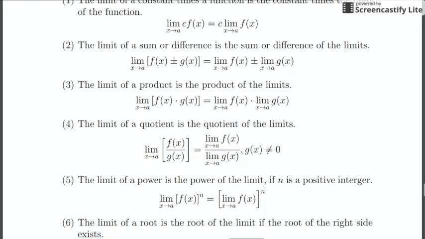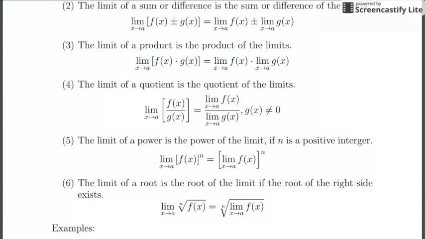If you've got a power, the limit of the power is the same as the power of the limit, so you can either use that exponent before or after. And because of the relationship between powers and roots, you can actually do the same thing with roots.